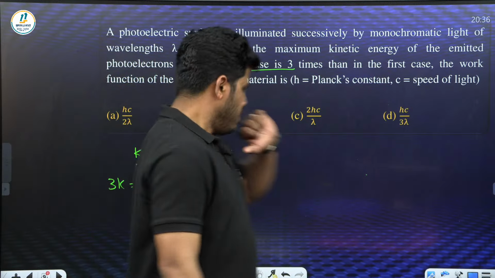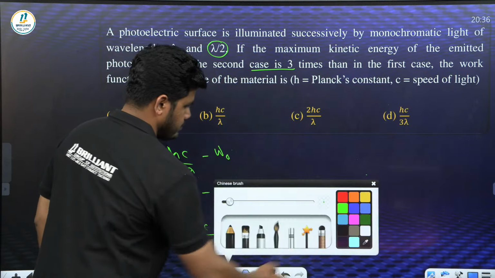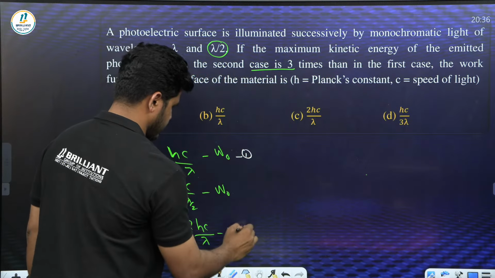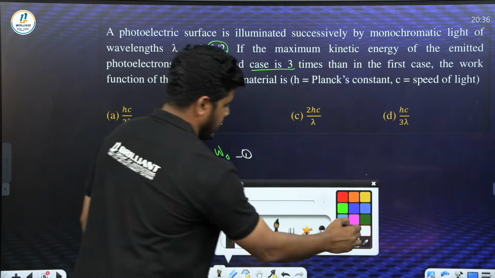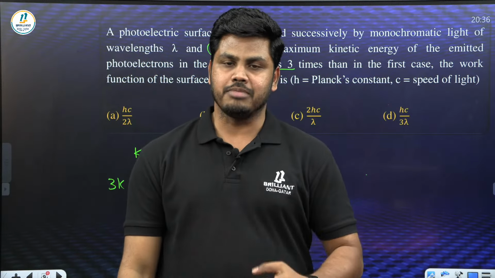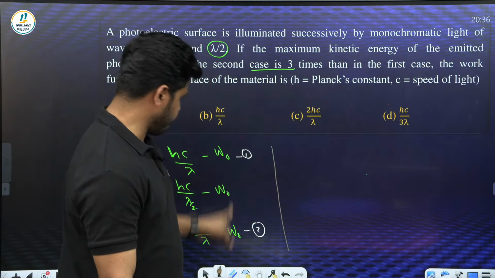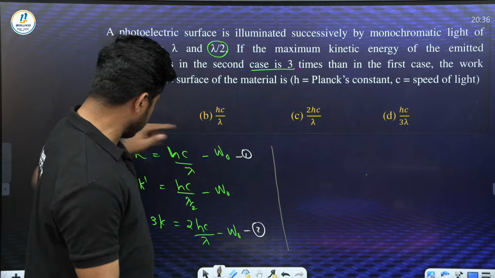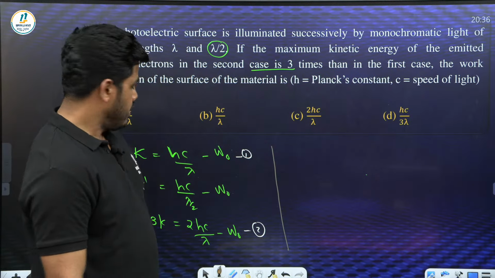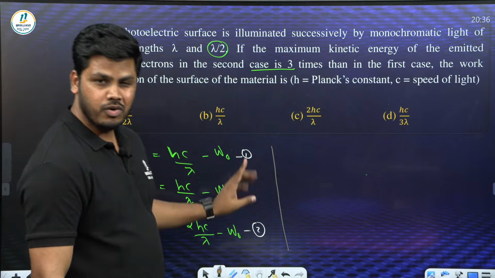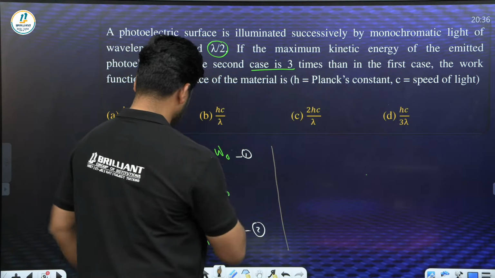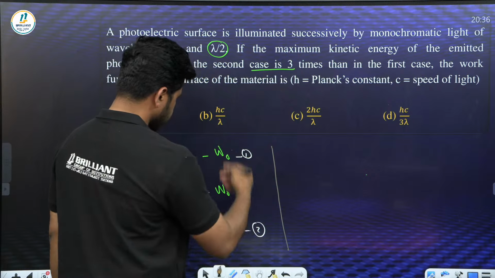So we got two equations, this is the first equation and this is the second equation, right? Now we have to find W naught, the work function, from these two cases, kinetic energy initial and kinetic energy final. So what can we do? We can go for the ratio of these equations.